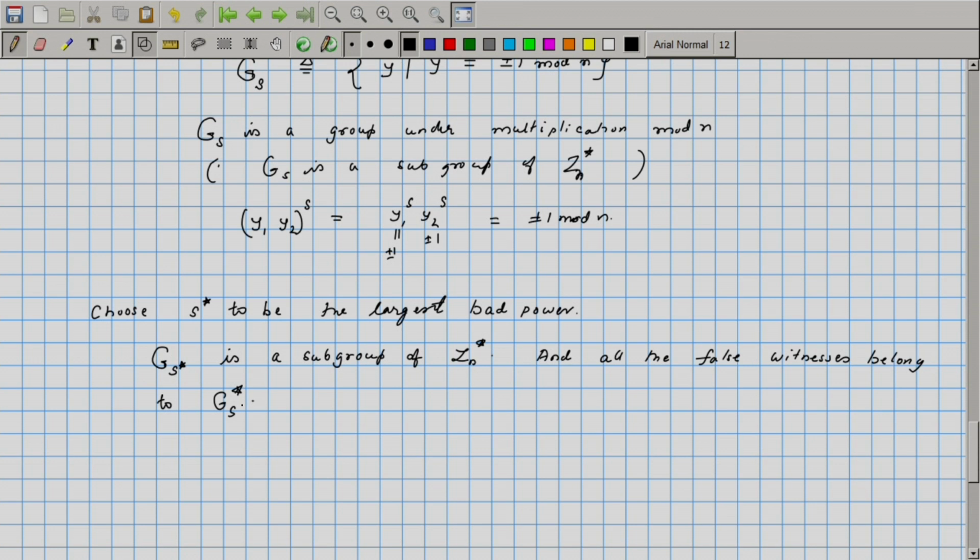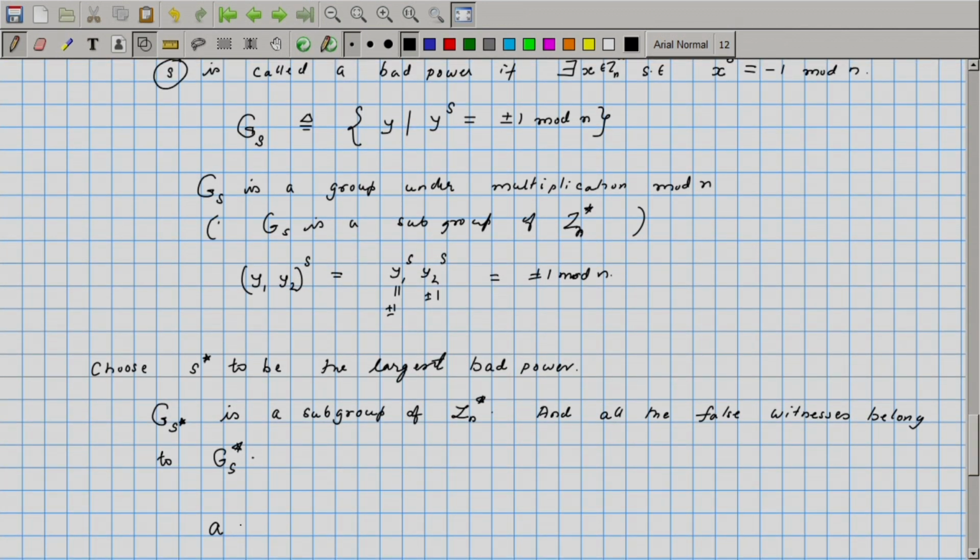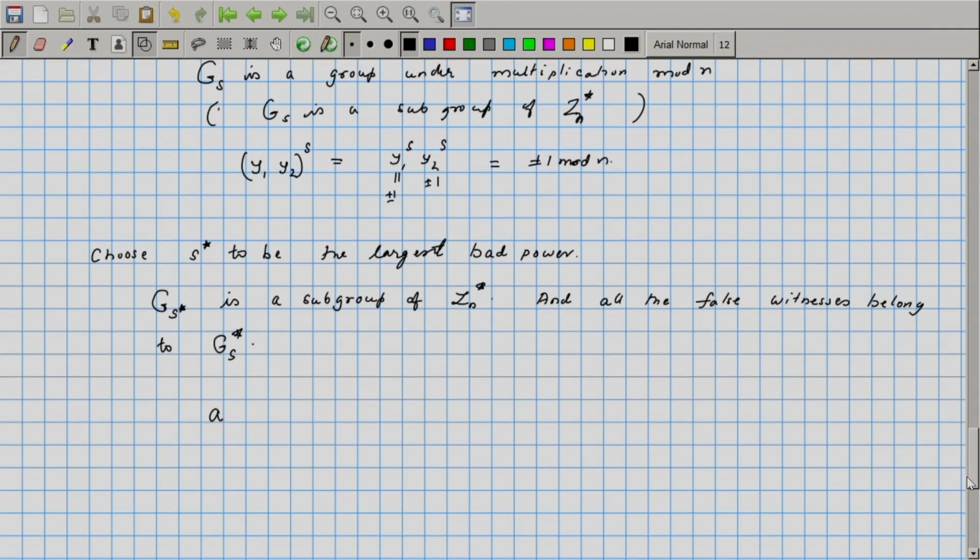Okay. Why is this so? So, let us say A is a false witness. Okay. So, clearly we need to show that A belongs to this particular group, that is, we need to prove that A belongs to GS star, if A is a false witness.